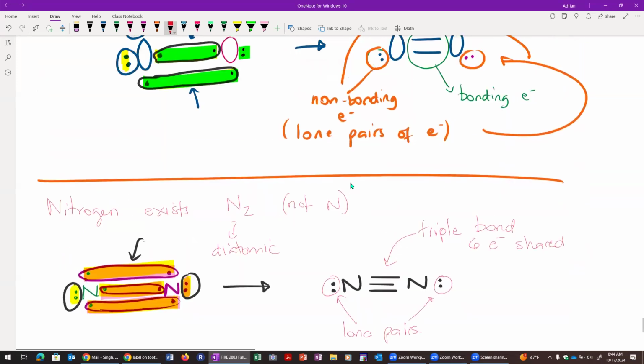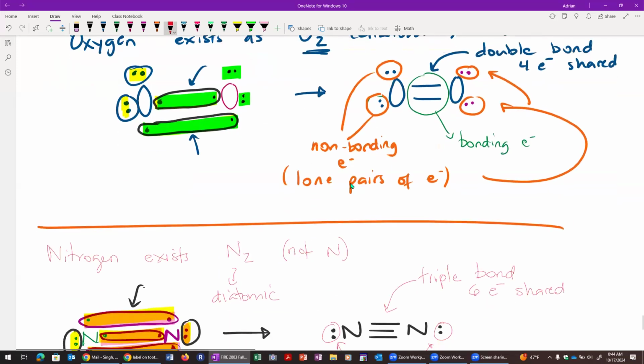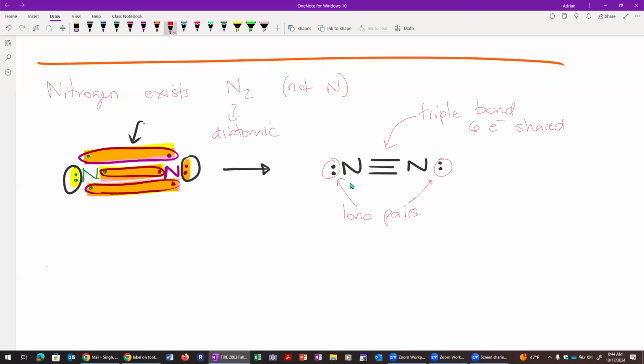So in all 3 of these cases, these are covalent molecules. Covalent molecules are the units or entities or particles, whatever you want to generalize them as being, that result when you have covalent bonding.